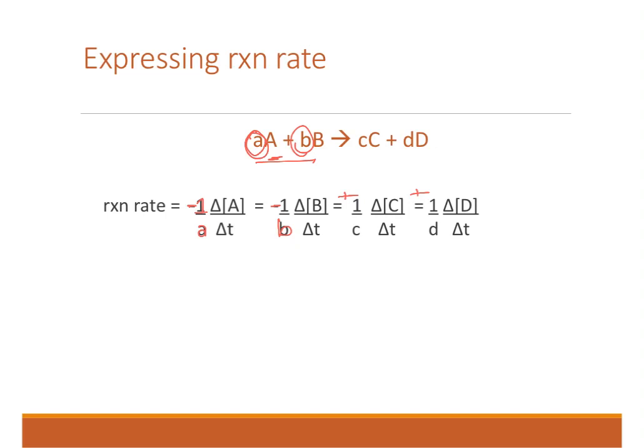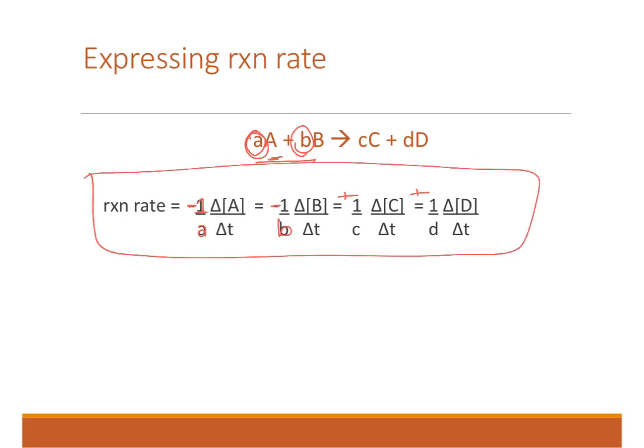Now, the reason it's 1 over the coefficient is because, see all the equal signs? You're setting all of the rates equal to each other, and to do so, you've got to compensate for the ones that might be faster. Let me show you a very simple example.